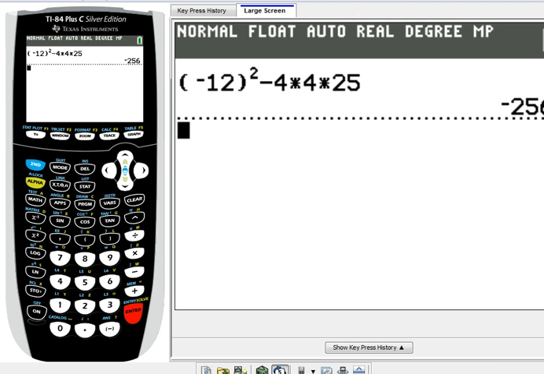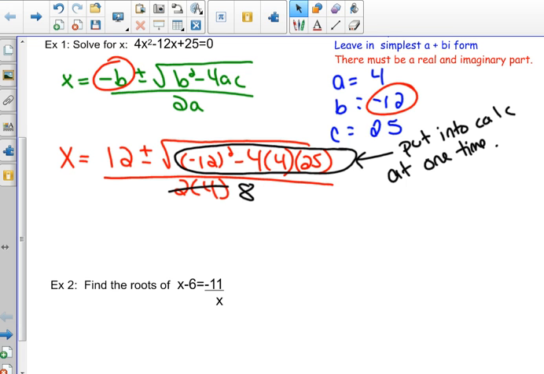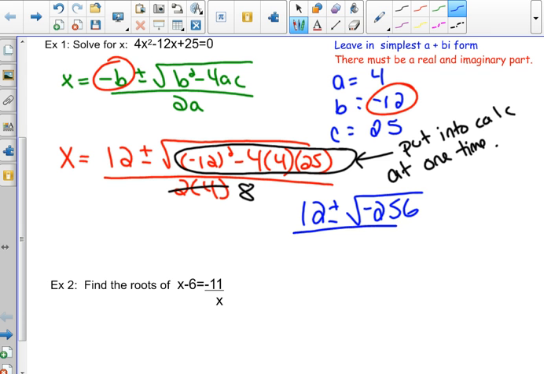Those of you who used your calculator, did you get negative 256? Yeah. Good, okay. So what we should have is 12 plus or minus the square root of negative 256 all over 8. This is the part with the negative b, and if b is negative 12, yes, it's positive 12, you're right.